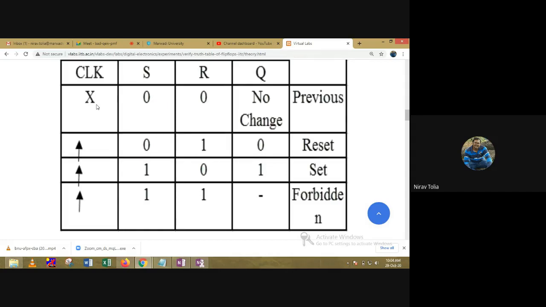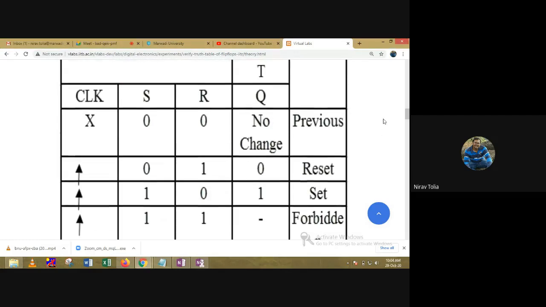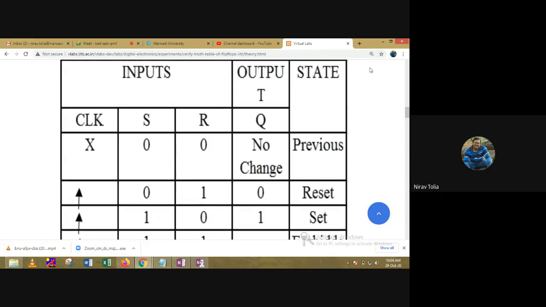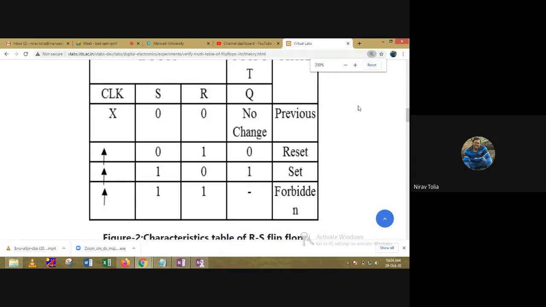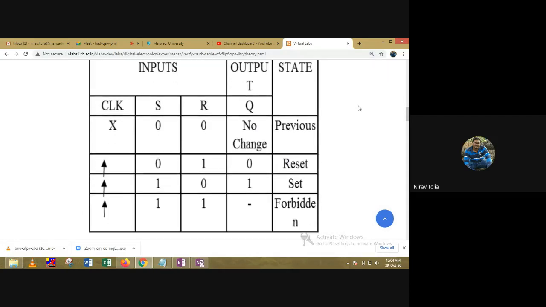So if the clock is not given, S and R don't affect it. If S and R are 0,0, 0,1, 1,0, or 1,1, the output still remains no change, and its state remains the previous state. Previous state means if my previous output is 0, it remains 0. If my previous output is 1, it remains 1.